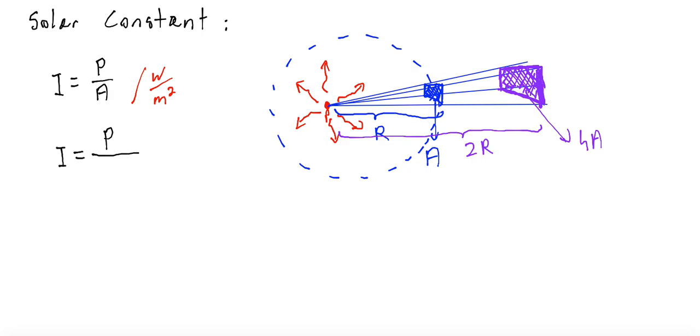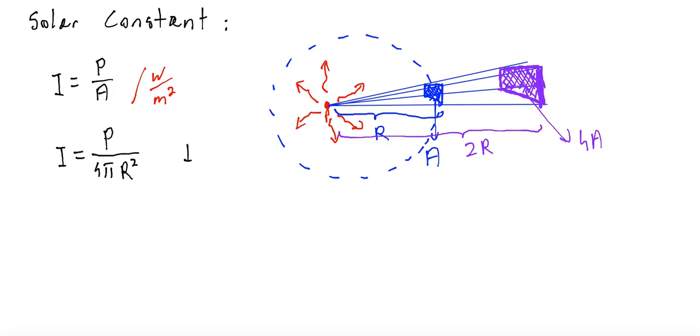So if all radiation illuminates the inner part of this sphere, then the amount of radiation absorbed by 1 square meter is the total divided by the number of square meters on the sphere, so divided by the surface area of the sphere, so divided by 4 pi r squared.